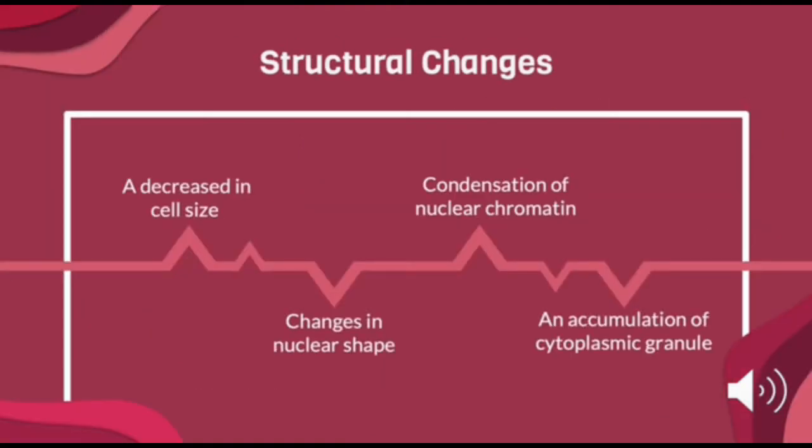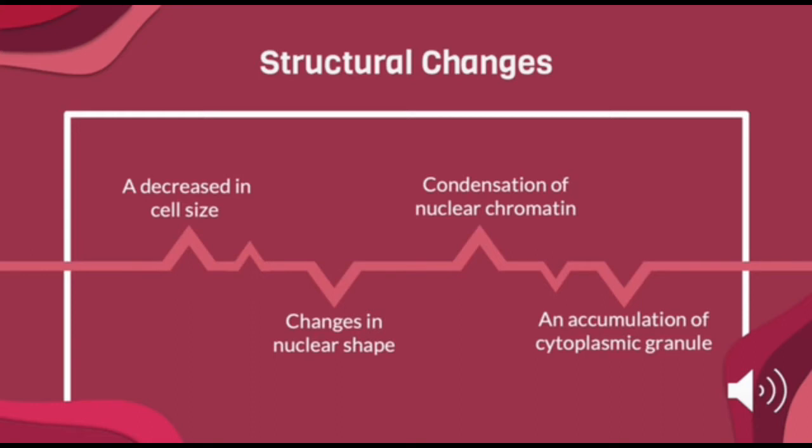During this process, which is granulocytopoiesis, there are of course structural changes, which are stated in this slide. The first one is a decrease in cell size, as we can see from this slide.